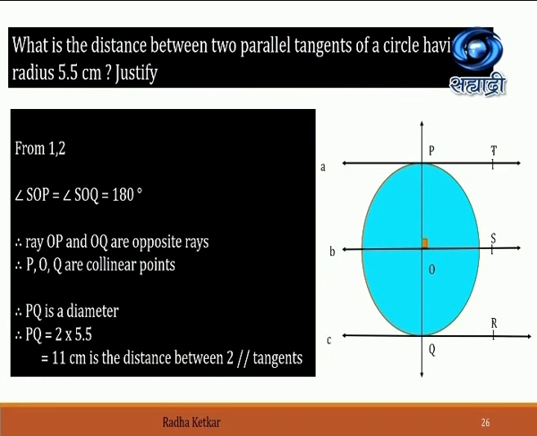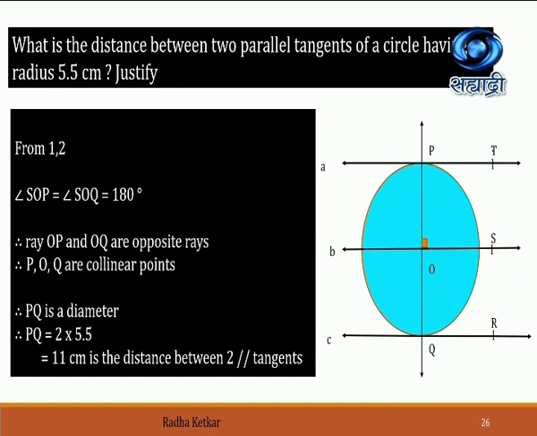Now we can say angle SOP is equal to angle SOQ. You can check it here. If you add these two angles, angle SOP plus angle SOQ, that gives us a total of 180 degrees. Once we get that total of 180 degrees, we can say that OP and OQ are opposite rays.